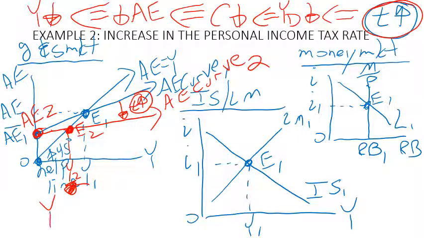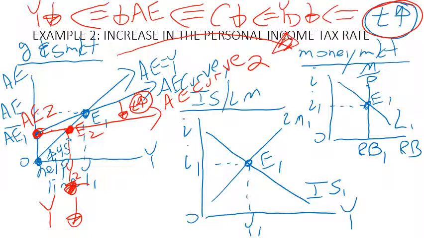This is a conclusion that is going to be shown also using the ISLM model. Now, once again, anything which starts in the goods and services market, any economic event, will eventually spread into the money market and vice versa also.